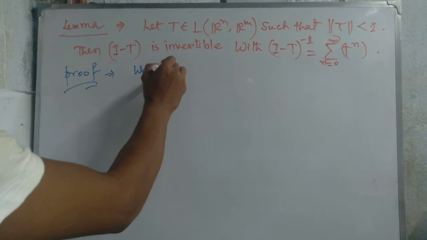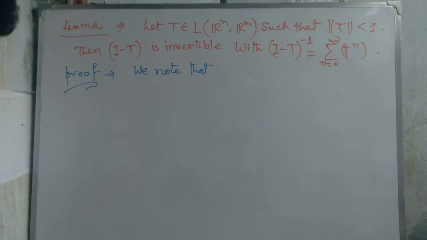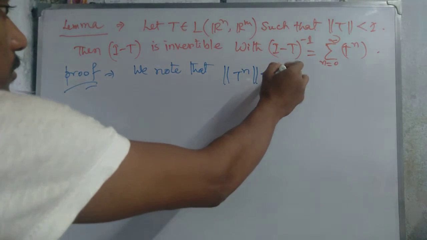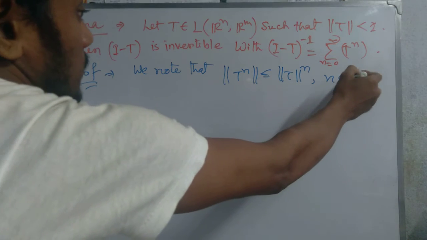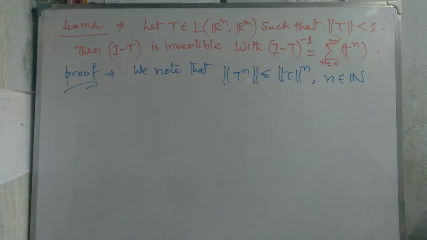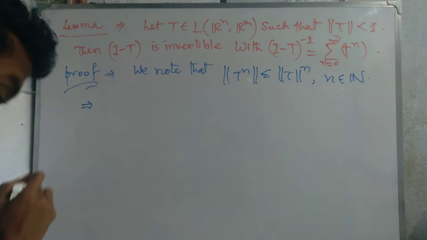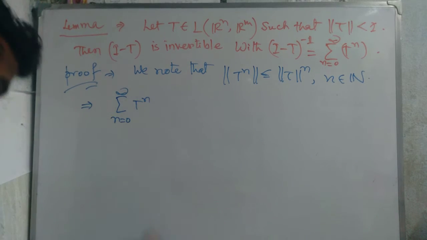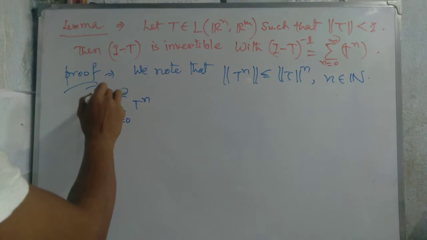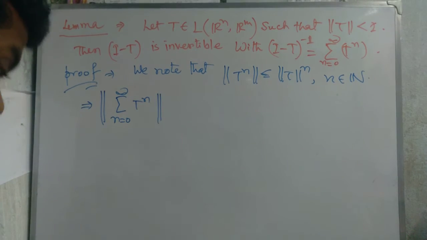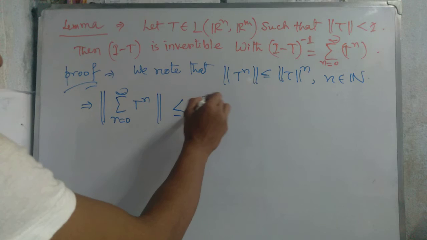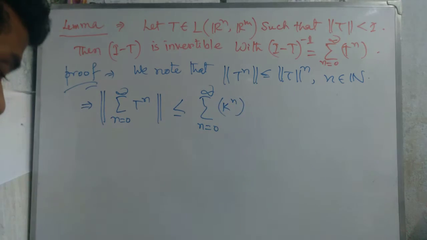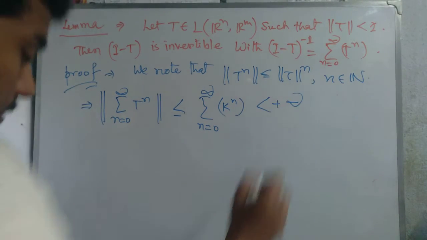We note that norm of T to the power n is less than or equal to norm of T whole to the power n, for n belonging to N. This implies the norm of the summation from n equal to 0 to infinity of T to the power n is less than or equal to the summation from n equal to 0 to infinity of k to the power n, which is less than plus infinity.